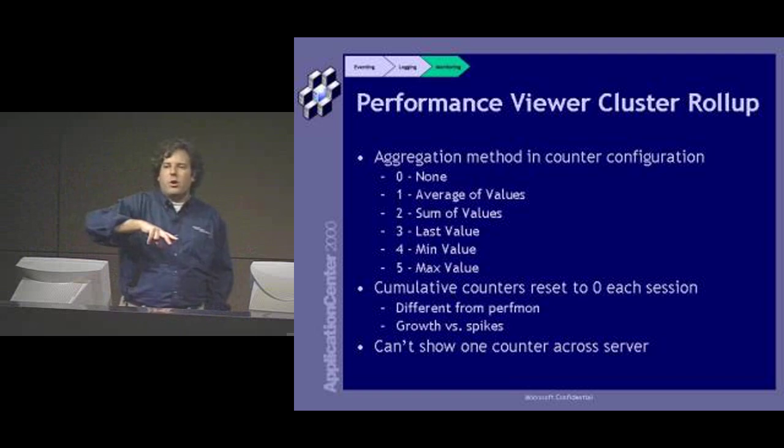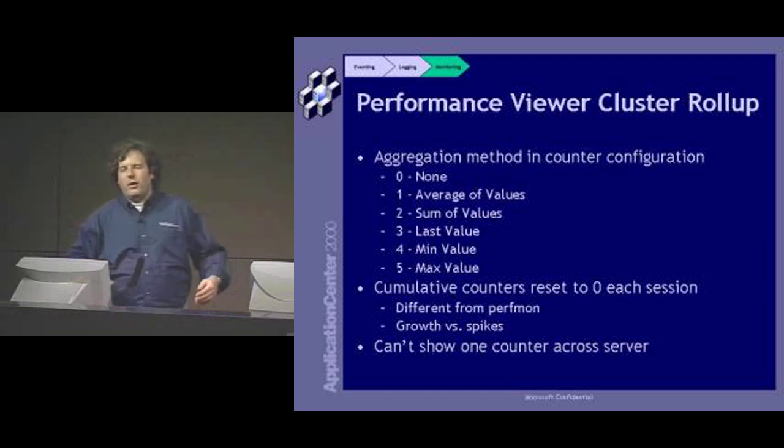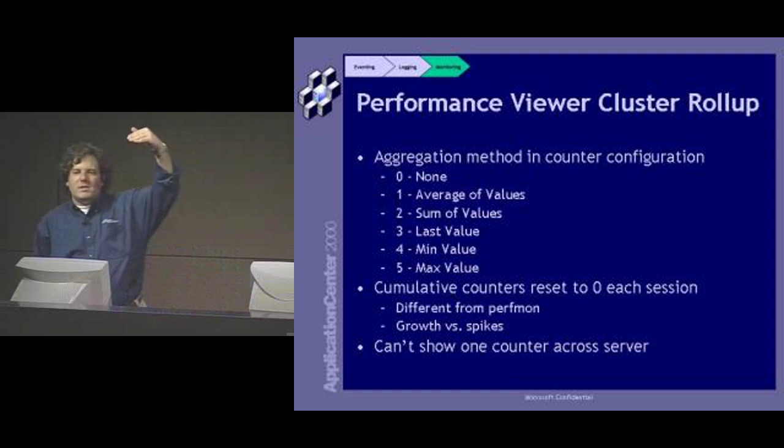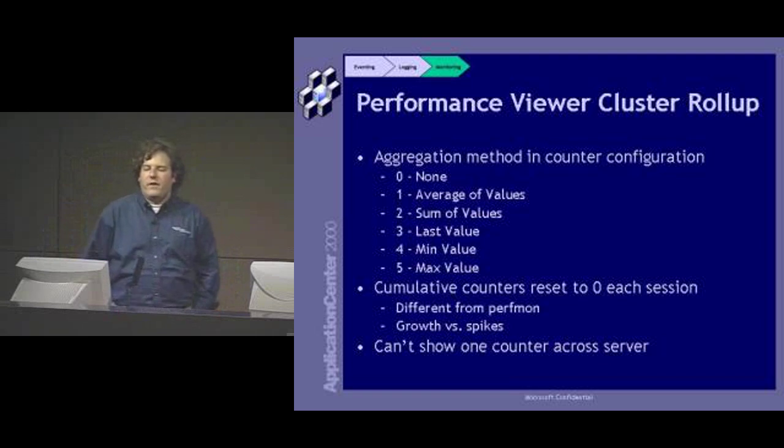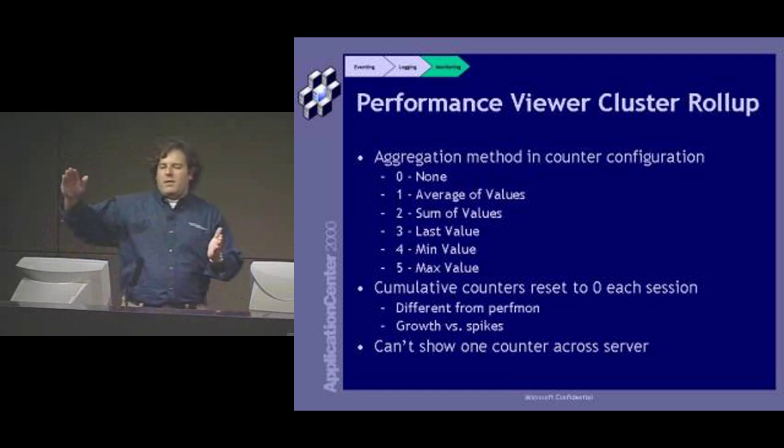Because of our aggregation over time, aggregation across the cluster, you would see that total number drop down. So you would start seeing some funny spikes. So instead, we're logging deltas, always summing them up. So this is one difference from perfmon.